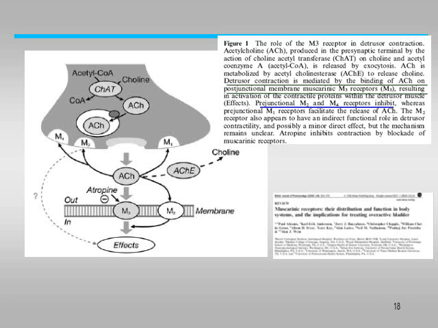And so on this slide, what you'll see is an axon terminus above the synaptic cleft, and below the synaptic cleft, or on the other side of the synaptic cleft, you see a cell membrane that contains M3 receptor.